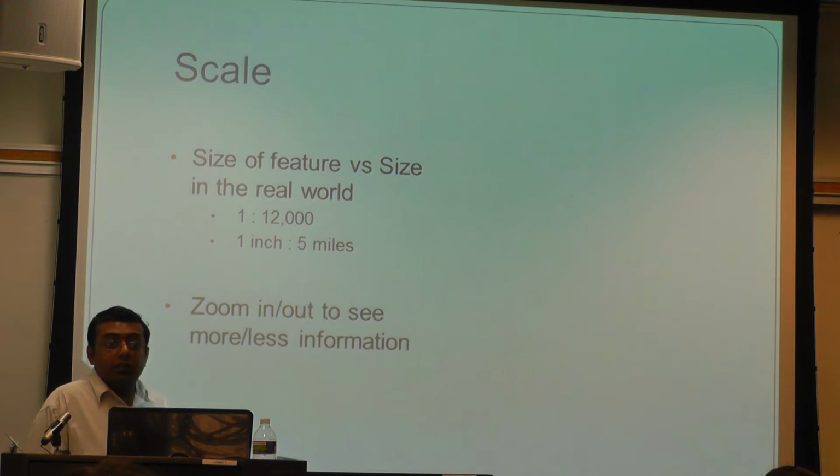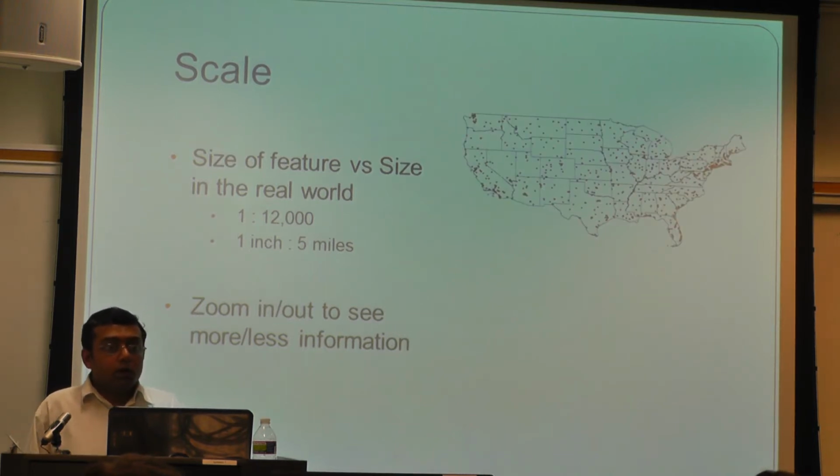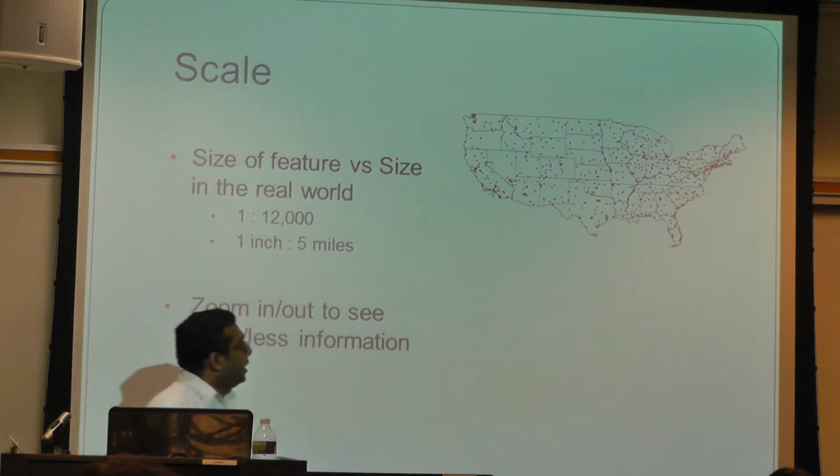What GIS lets you do, which is not possible with paper maps, is to zoom in and out and actually see more information than you might otherwise see. What does this mean? It means you can actually change the scale of a map. For instance, look at this US map again, which has the list of airports represented as dots. Now look at Florida in particular right there.